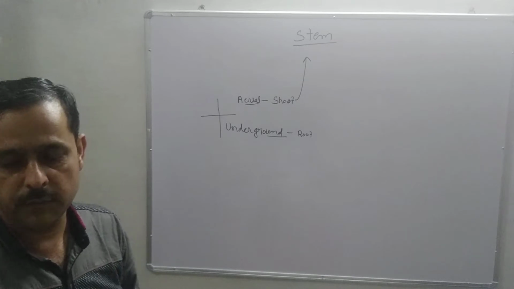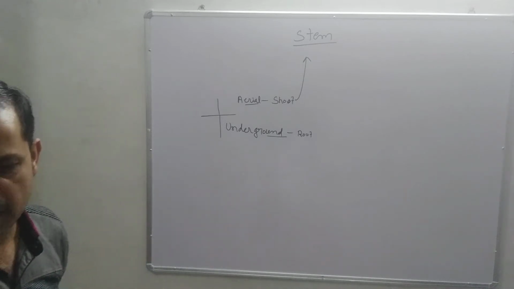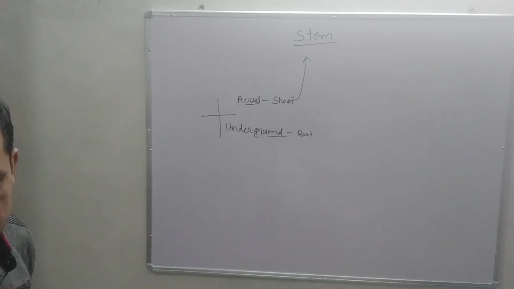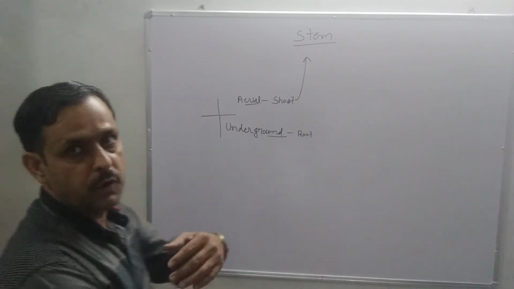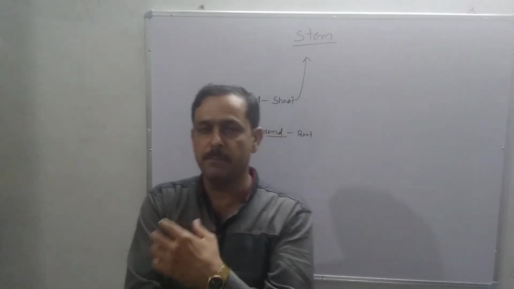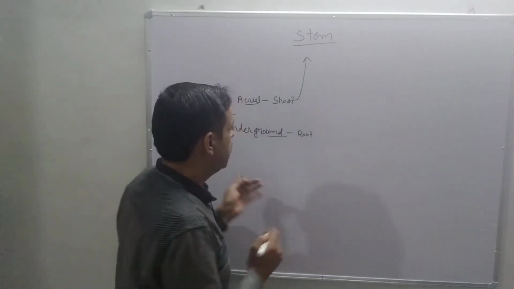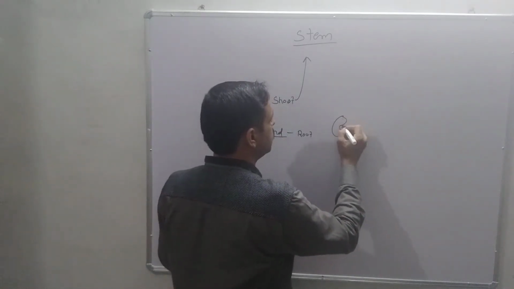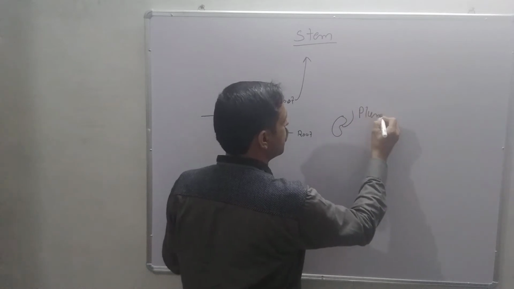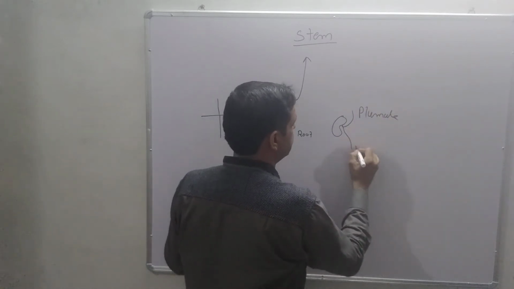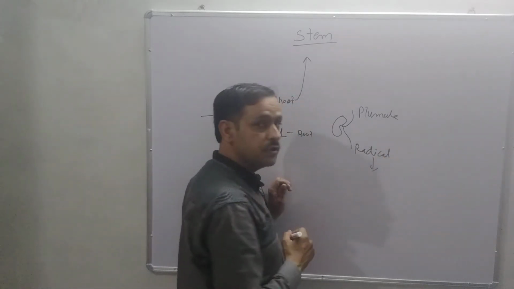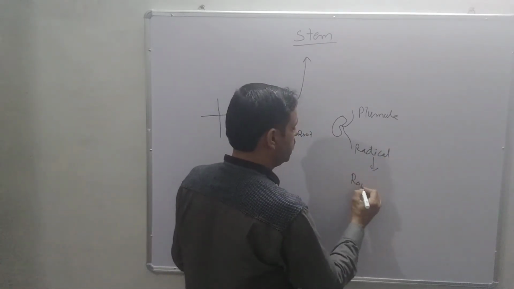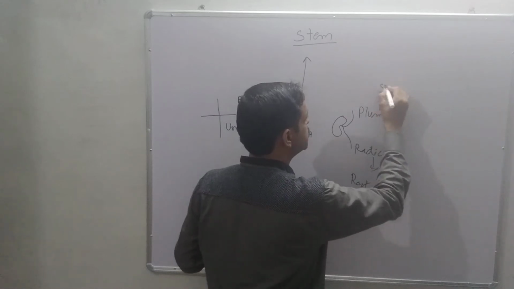It can be defined as the ascending part of the shoot axis which is negatively geotropic and positively phototropic and develops from the plumule of the embryo. Means there are two parts: first is the plumule and another is the radicle. The radicle grows into root and the plumule grows into stem.